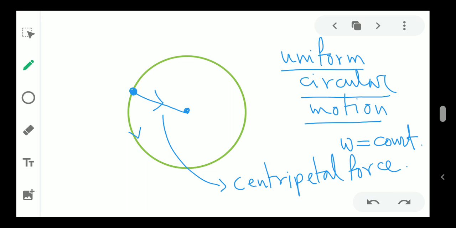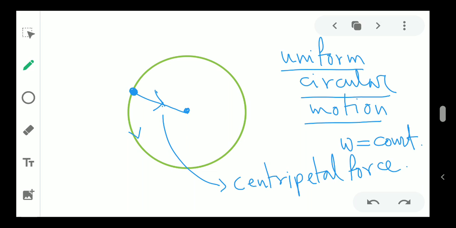So that it can be bent at all points on the circle, this centripetal force is working. That means someone is giving the centripetal force on the object so that it can be confined to this circular path only.